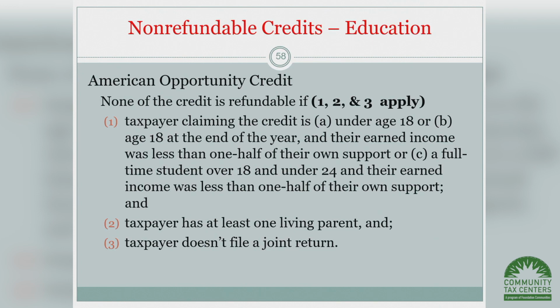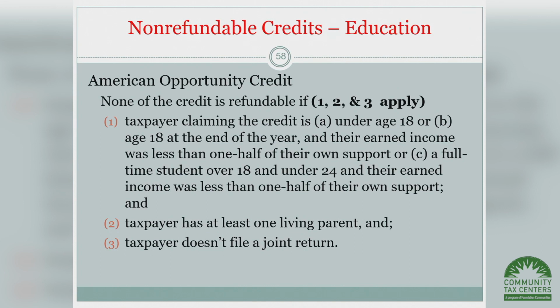Taxpayers claiming the credit have to be under the age of 18, or 18 at the end of the year, and their earned income was less than 1/2 of their own support, or a full-time student over the age of 18 and under the age of 24, and their earned income was less than 1/2 of their own support. So they can be under the age of 18 or up to the age of 24 in order to claim this credit, and did not provide more than half their own support.